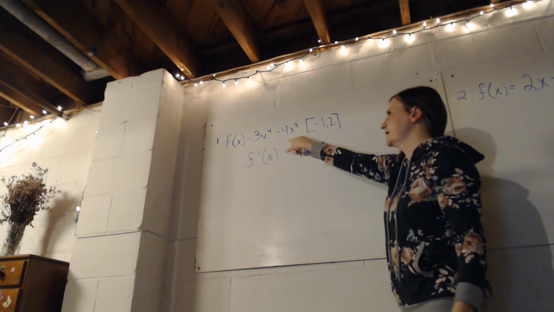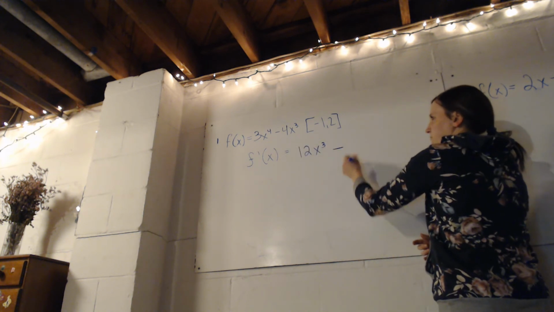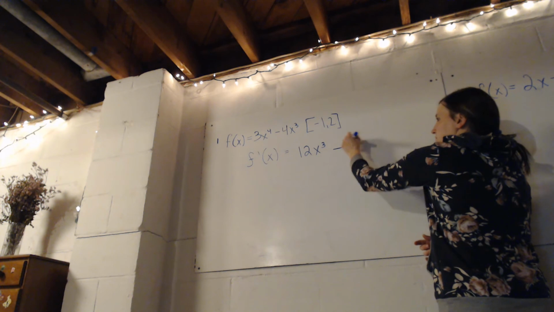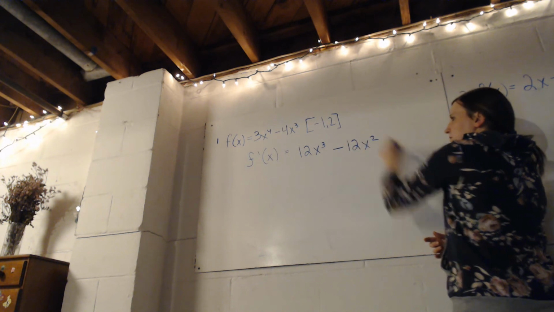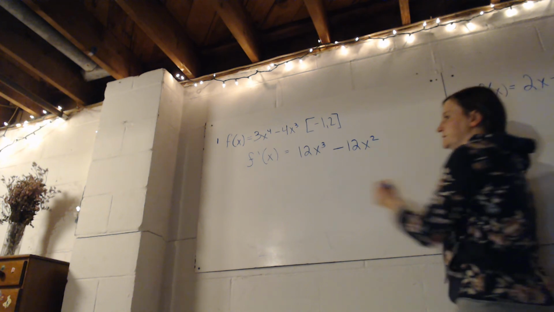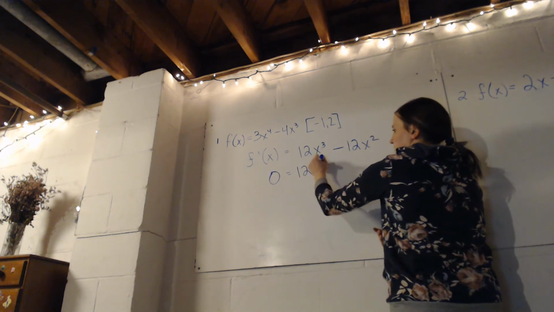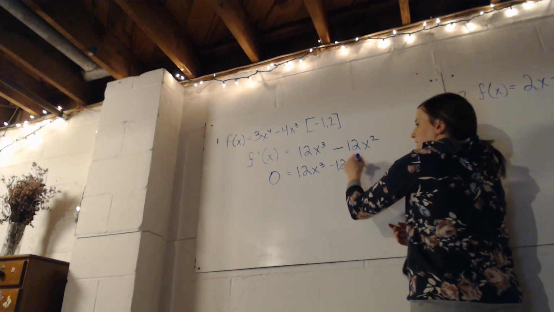And then minus the derivative of 4x cubed, which is going to be 12x squared. So that's our derivative. Now we want to find the places where that is 0. So we'll say 0 is equal to 12x cubed minus 12x squared.